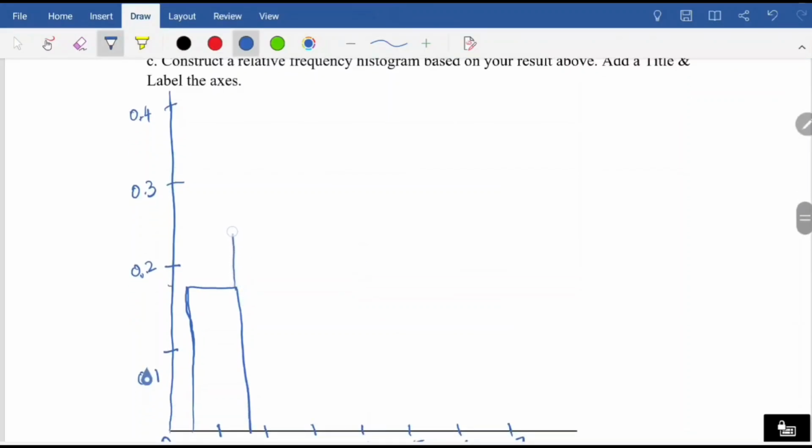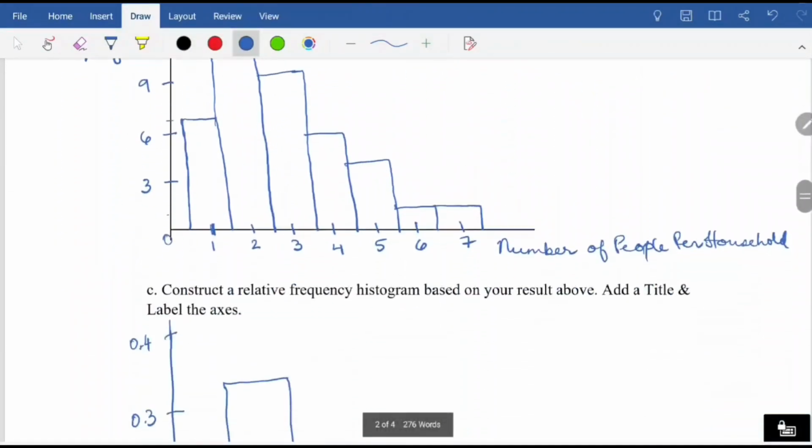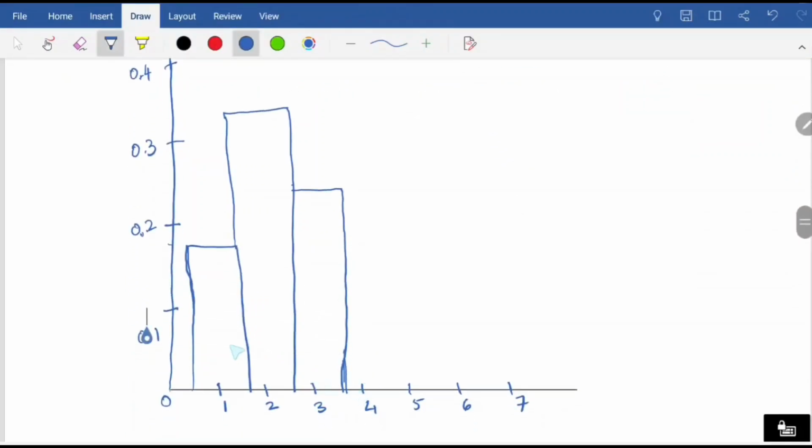0.325. Come down. And then 3 was 0.225. So 0.225 is going to be above 0.2. So maybe here. All right, and then what do we have for 4? 4 was 0.125, right? So 0.125 would be somewhere here.